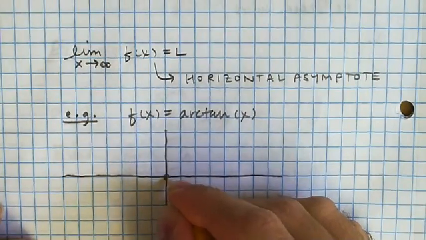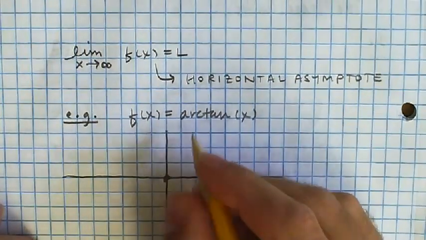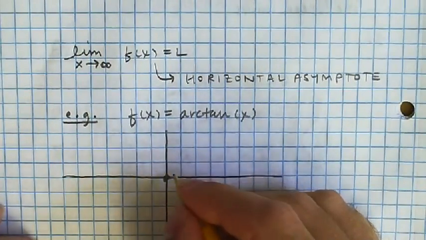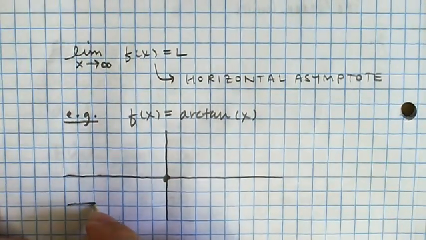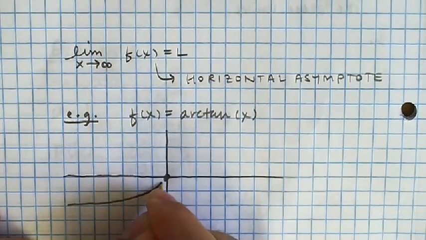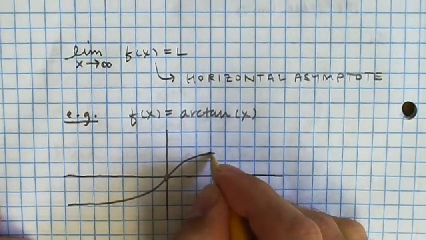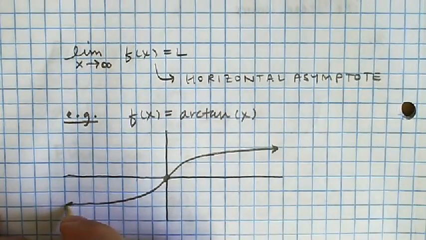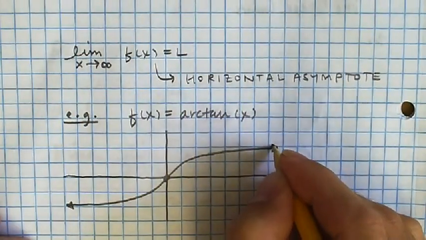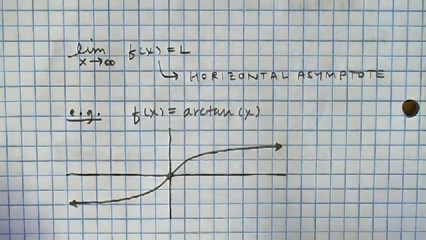We know that arctangent of 0 is 0. I'm not going to try too hard to make this a perfect, beautiful graph, but I know what I want to make the horizontal asymptotes in scale. It has a different horizontal asymptote as we approach positive infinity and negative infinity, and that is entirely possible. We'll see other functions today that do that.